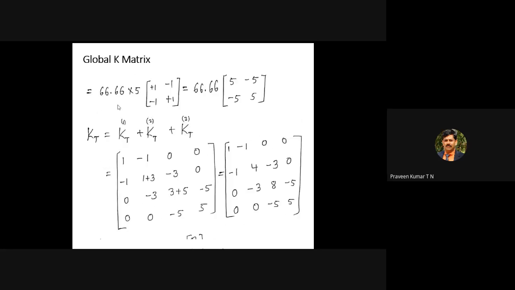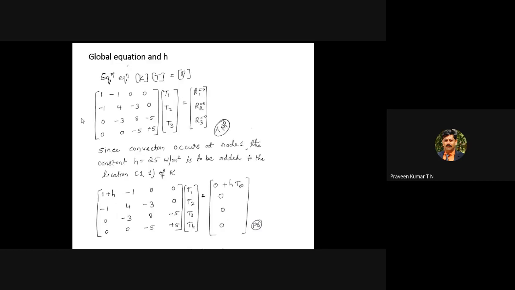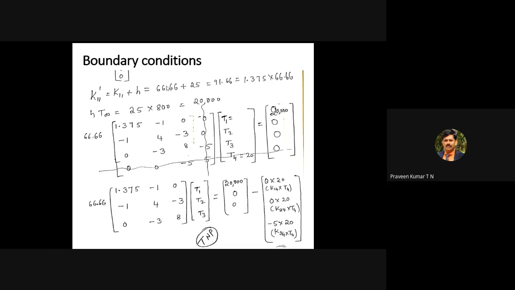Once again, you also do the mistake; don't do the mistake. Here also you have the multiplication factor of 66.66. The outside multiplication factor is 66.66. So here also you have the multiplication factor 66.66. Hence we have 66.66 plus 25.